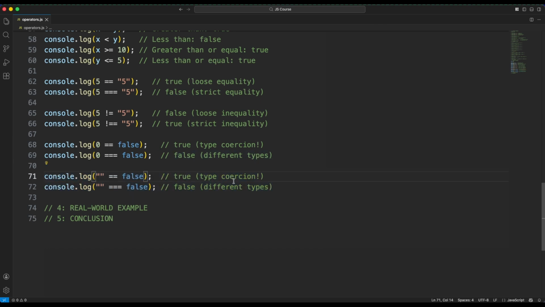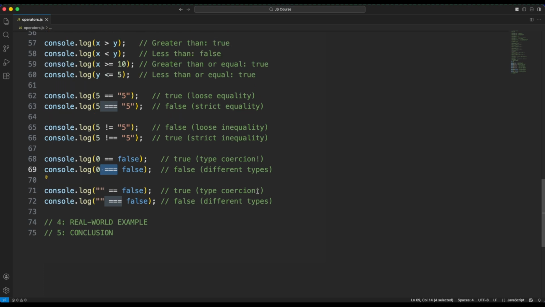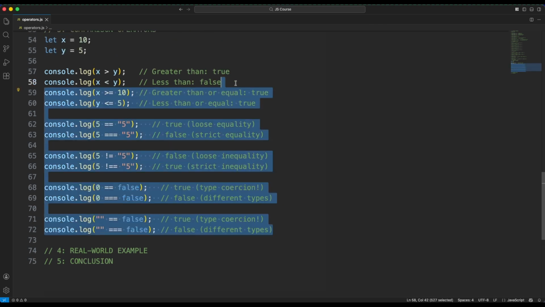This is the coercion and this is the different types. Try to always ask yourself, do I want to check the type too? In most cases, the answer is yes. So use the strict operator. Okay, strict types actually. This equality, strict equality. Okay, comment this.